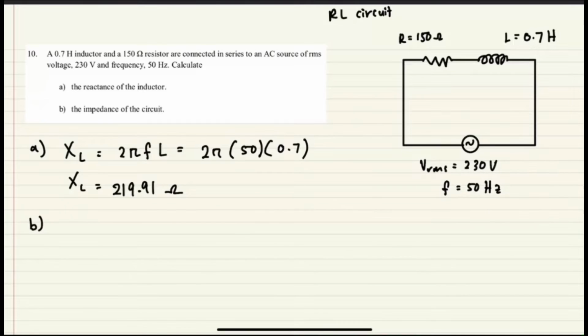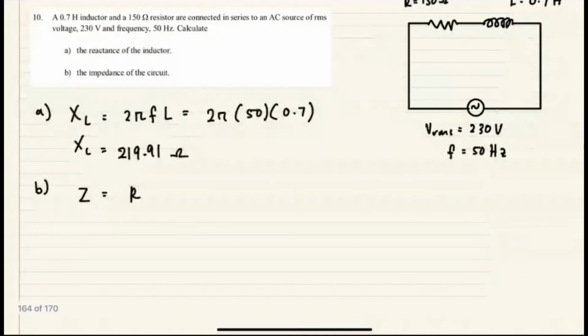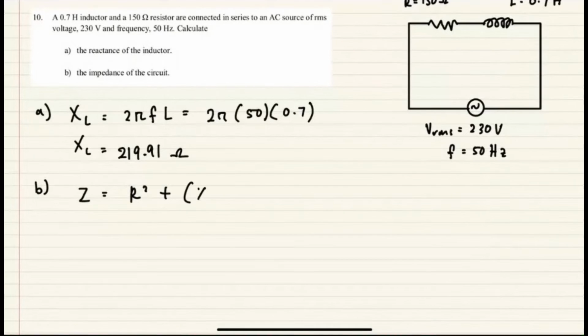Okay. Yang B pula, the impedance of the circuit. Okay, impedance ni nak simbol apa sebenarnya? Z. Okay, good. So Z. So kalau kamu pakai equation yang asal tu, kalau daripada formula sheet, Z ni dikasih square root of R square plus XL minus XC square.